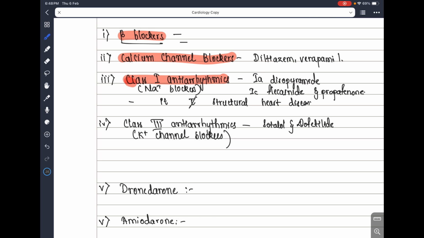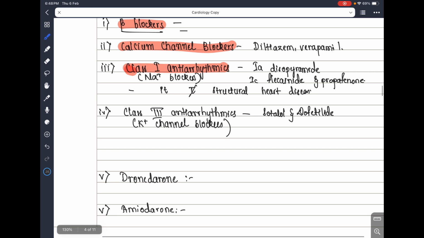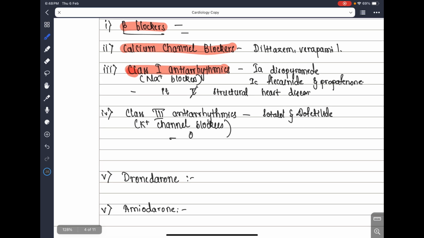Ibutilide. So ibutilide is also a class 3 antiarrhythmic, and sotalol and dofetilide are also class 3. Sotalol, along with class 3, also has other effects as well. One important adverse effect of class 3 is that it can cause QT prolongation. You should remember this.